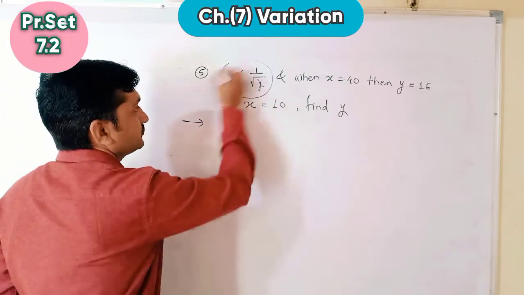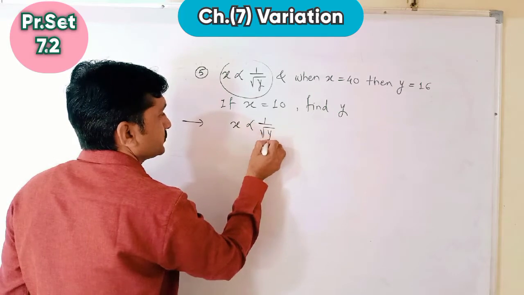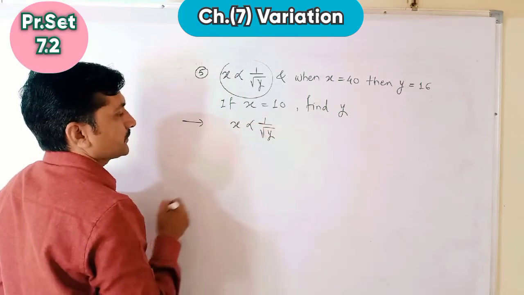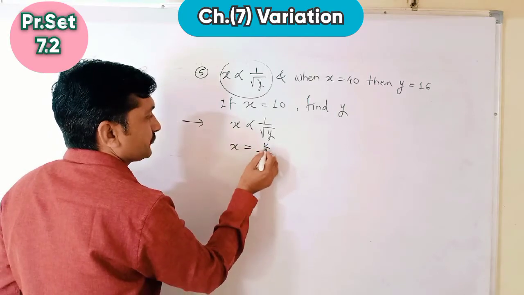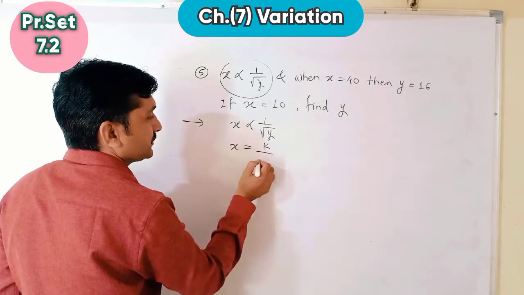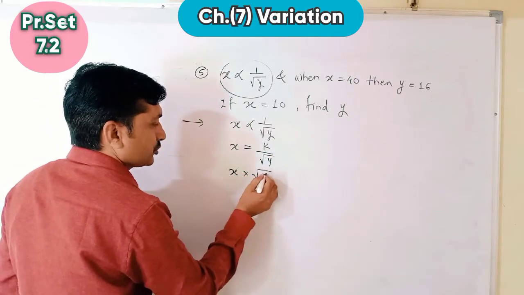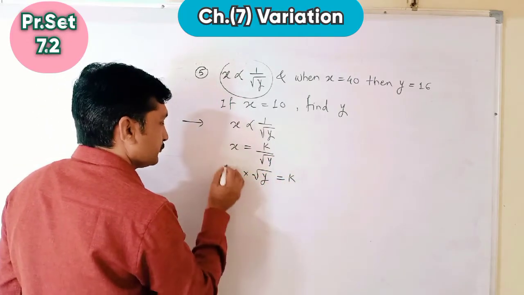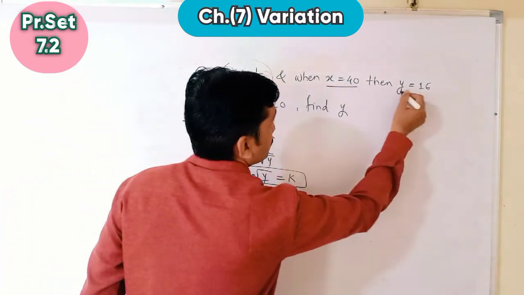Here it is given x is inversely proportional to root y, square root of y. We can write it in equation as x is equal to k upon root y, so x multiplied by square root of y is equal to k. This is the equation. Now here two values are given, x 40 and y 16.